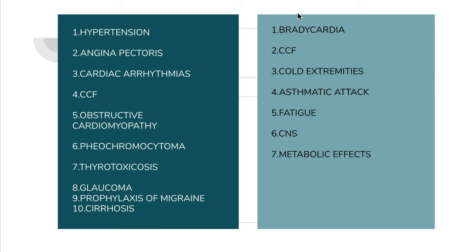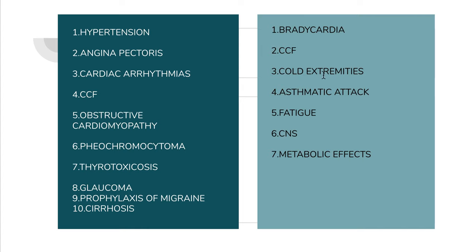Adverse effects are bradycardia. So decreased AV conduction, AV conduction defects may develop, arrhythmias, heart block. In congestive cardiac failure, the heart is basically supported due to sympathetic activity. So the blockade of this sympathetic activity may precipitate CCF.